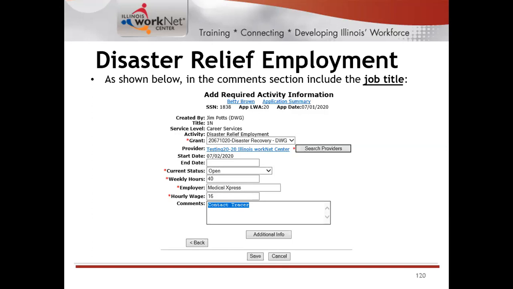It doesn't have an asterisk on IWDS, so it's not going to require it for the internal logic, but the grant manager, Jill Meskey, is going to require this. So if it happens where staff don't record it, she's going to end up reaching out, or somebody will reach out and say, hey, we need that comment section to include the job title the client's going to be doing at that disaster relief employment.